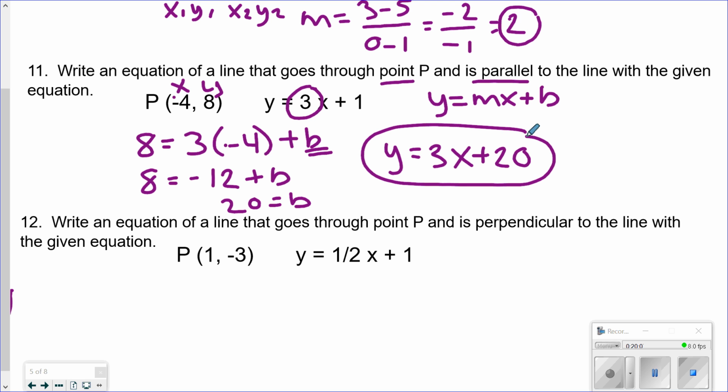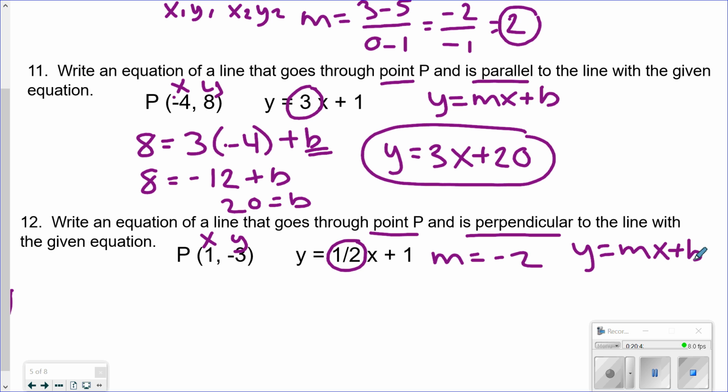Write an equation of a line that goes through point P and is perpendicular to the line with the given equation. So once again, point P, this is going to give me my x and y. I need to figure out what my slope is. Well, if my slope is 1/2 in this equation, and I know my new line is going to be perpendicular, we are going to have opposite reciprocals. So that means that my new slope is going to be -2. So let's plug in everything we know. So y is equal to mx plus b.